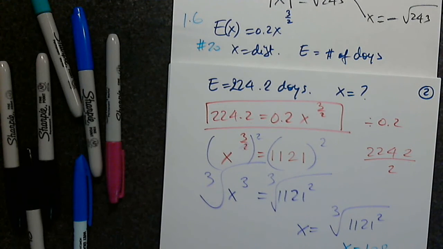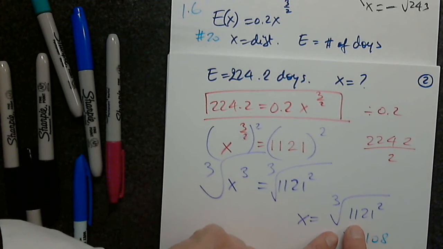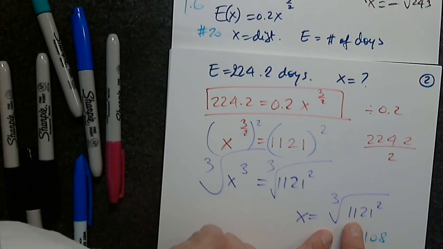So what I do is I write 1121. I put the symbol for the power, and in parentheses, this must be in parentheses, 2 over 3. So the cube root of 1121 squared is 1121 to the power over the index.